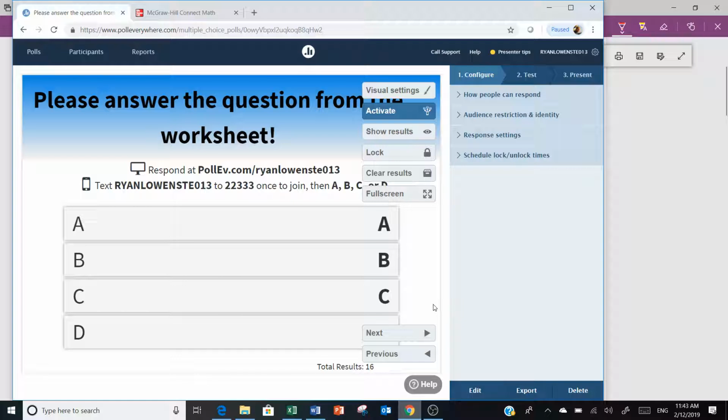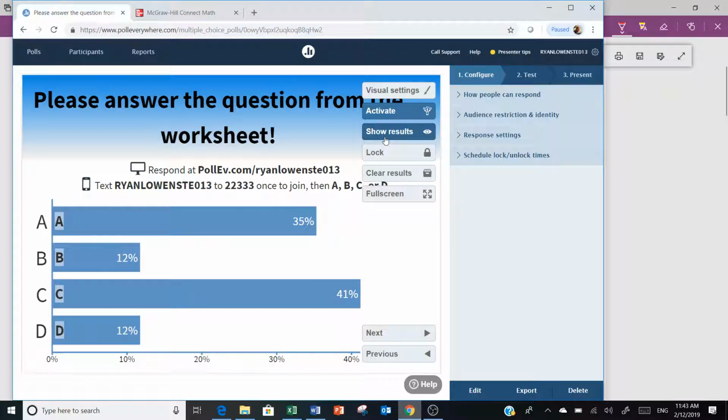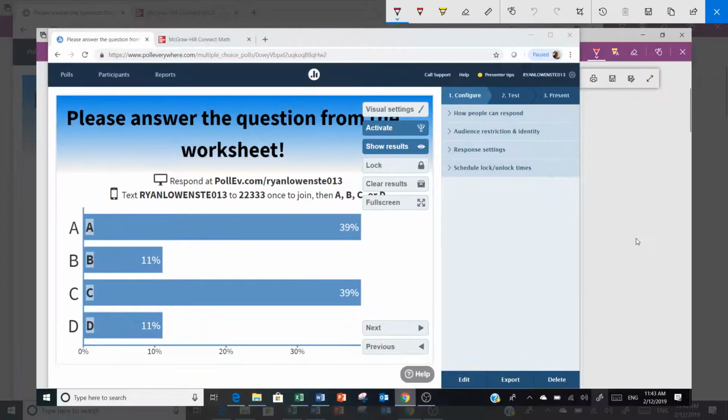I think most of us have responded. Let's see what the answer was. We're a little divided. Why are you changing your answers? C was actually, I believe, wait, no. My bad. A was the correct answer.